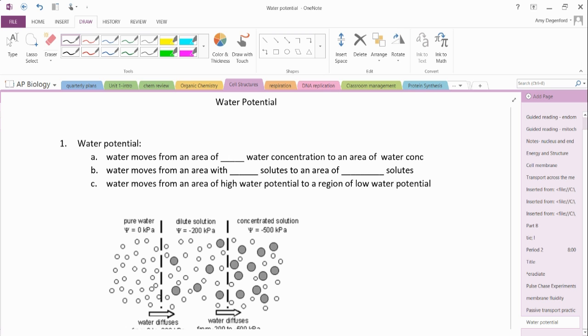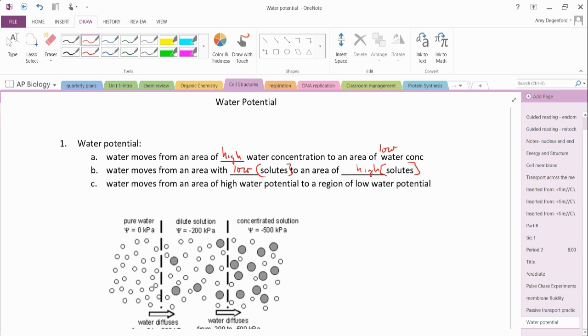So water potential is somewhat based on the concentration. We know that water moves from an area of high water concentration to an area of low water concentration. And conversely, that means water moves from an area of low solute concentration to an area of high solute concentration. Now, if we use that as the familiar, we can add something new.